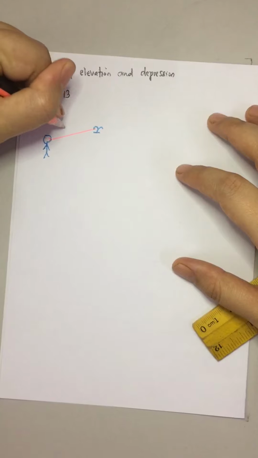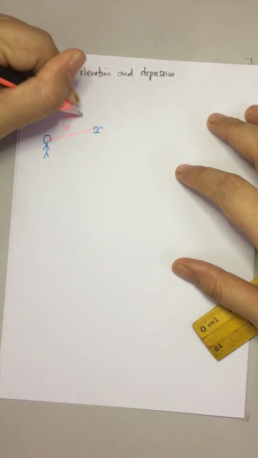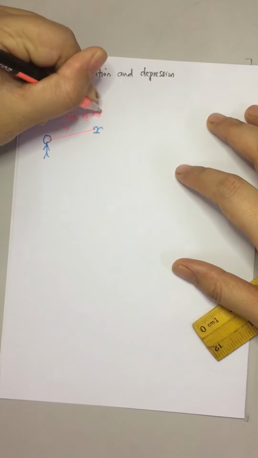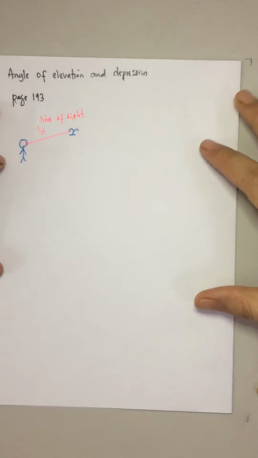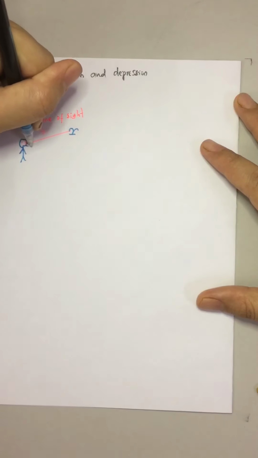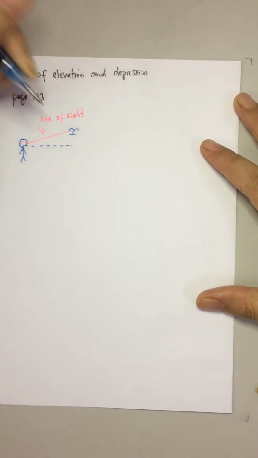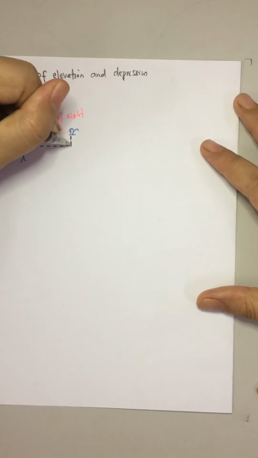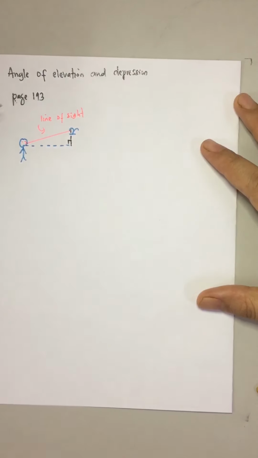So this is the line of sight, and then we draw a horizontal line, and of course this creates a right angle triangle.